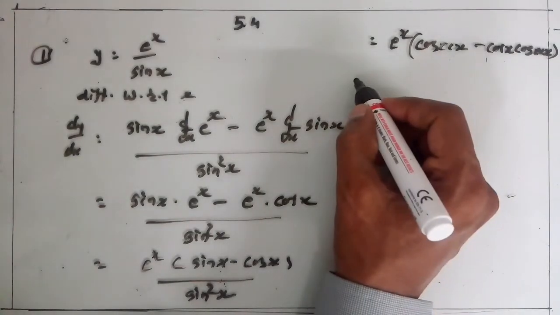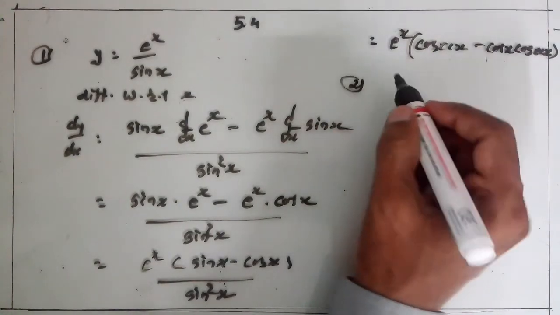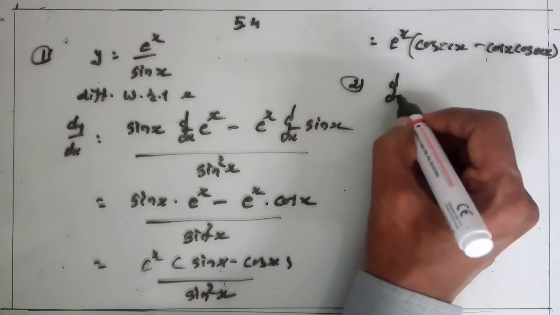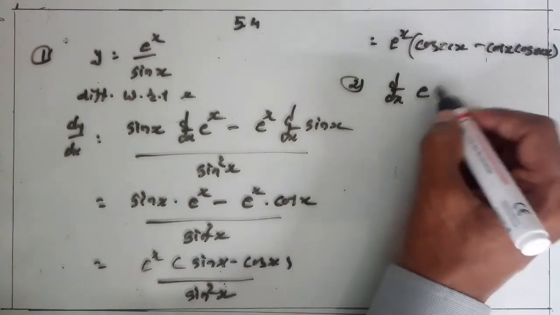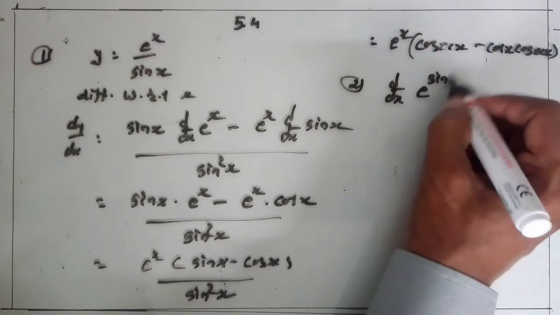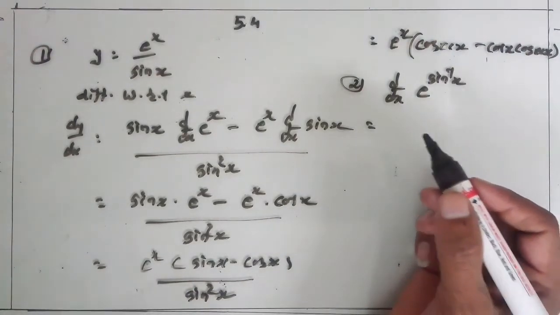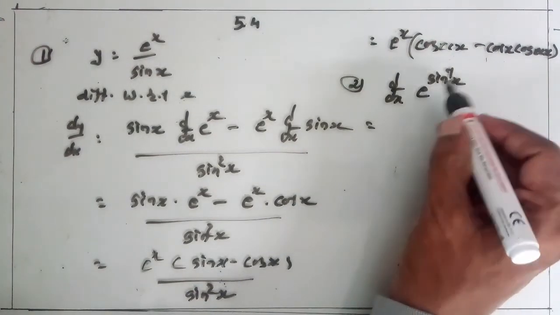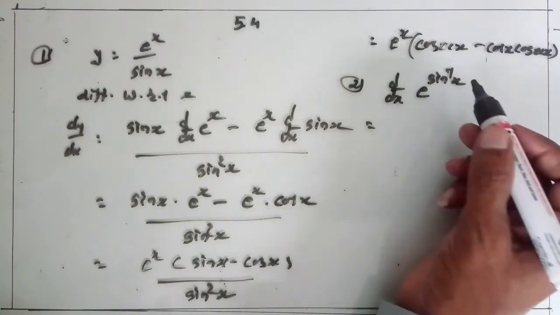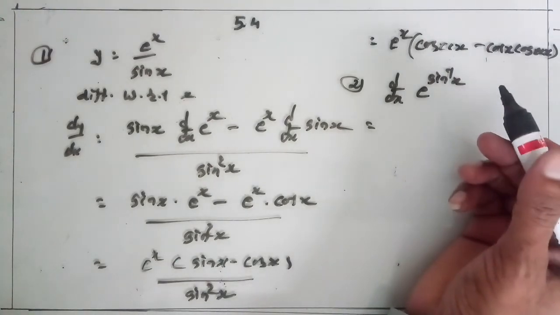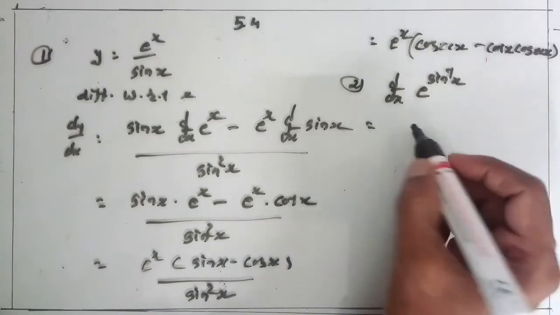Now question number 2. Find the derivative of e raised to sin inverse x. Here we apply the chain rule. First, the derivative of this: we know that the derivative of e raised to x is e raised to x.